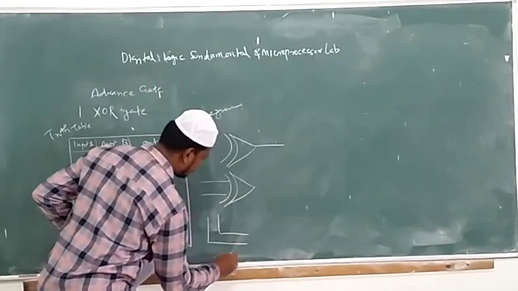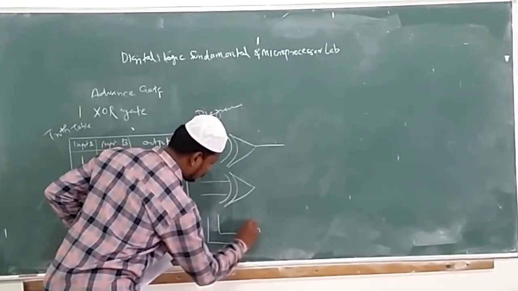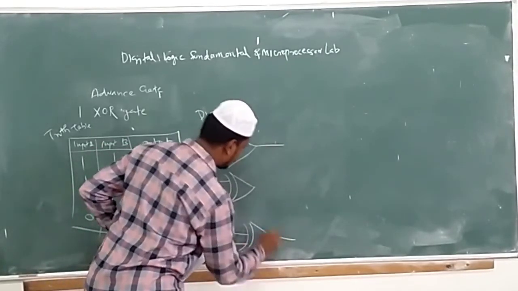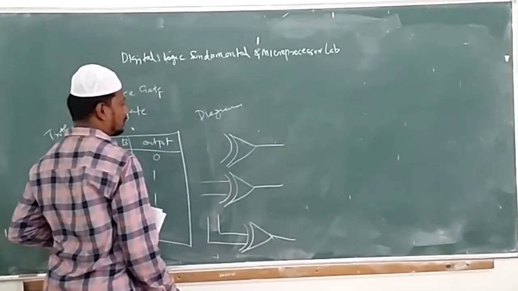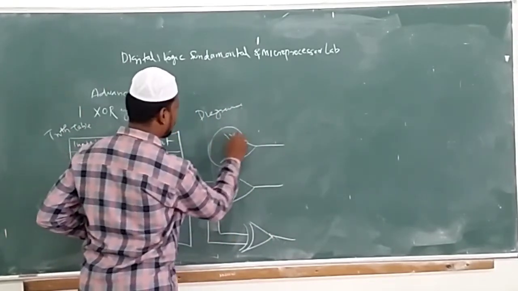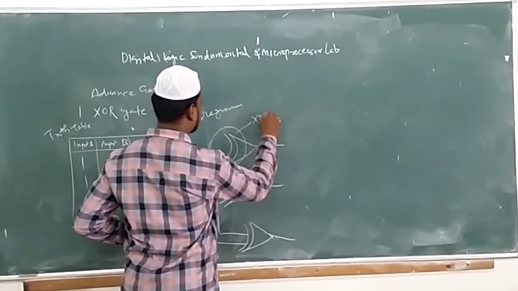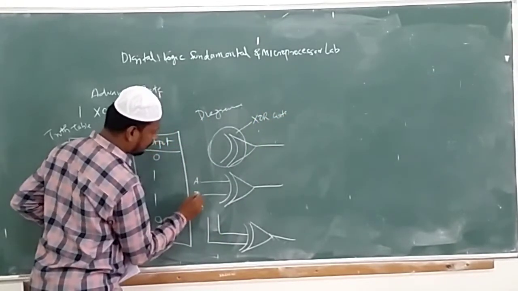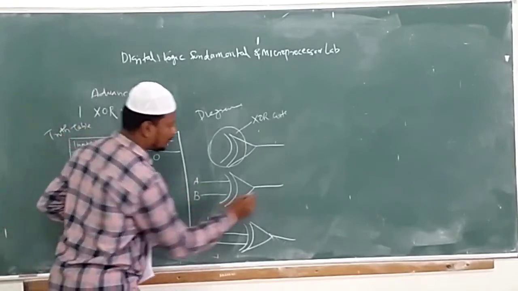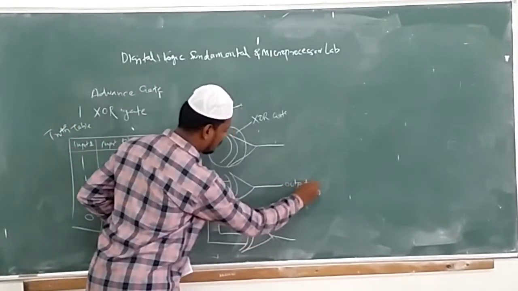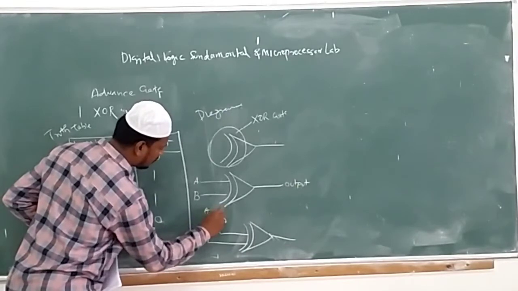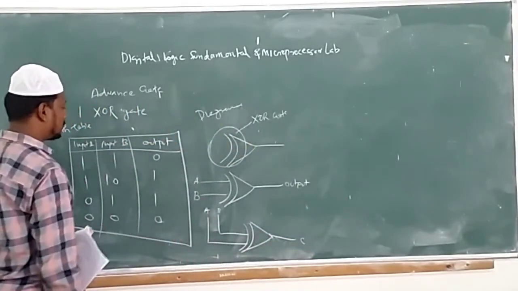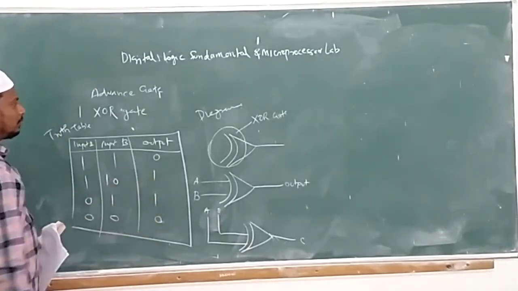Again, the simulation: this is the symbol of the XNOR gate. I will enter the A value and B value, and the output will be displayed. For example, with this A value and B value, you get the output C. So, this is the truth table and diagram.